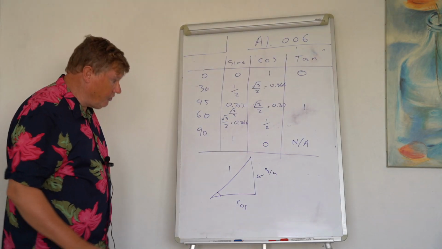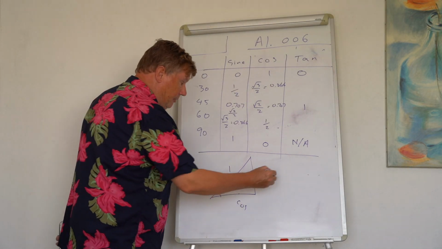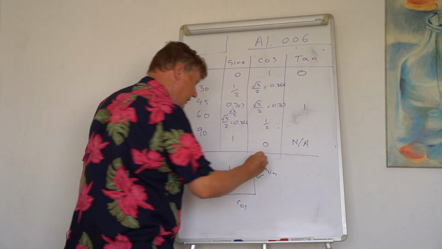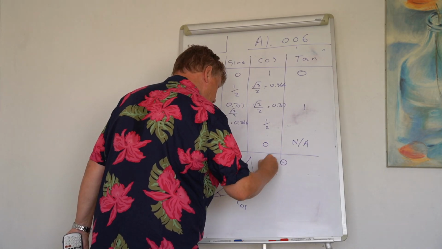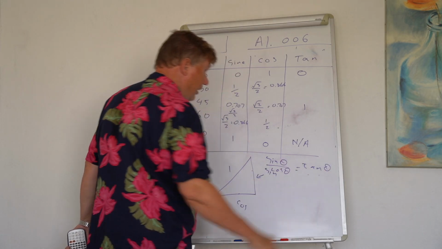So the relationship of this side to this side, which is the tangent, is simply sine theta divided by cos theta. So whatever sine theta is divided by the cosine of theta will give you the tangent of theta. You should know that from maths.